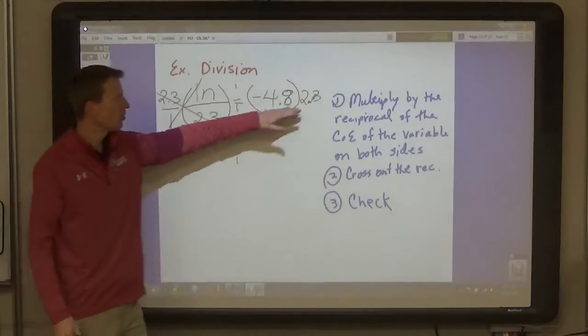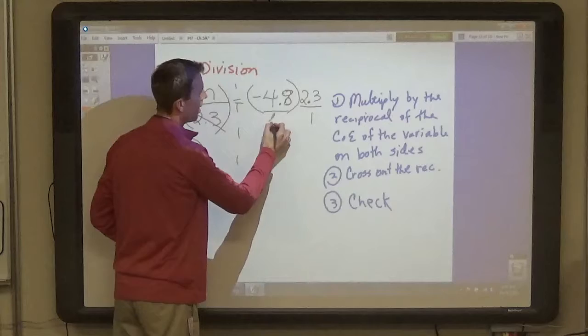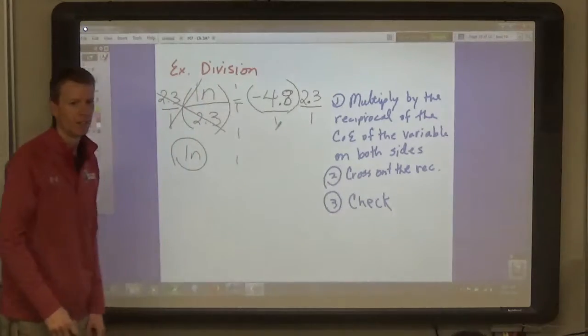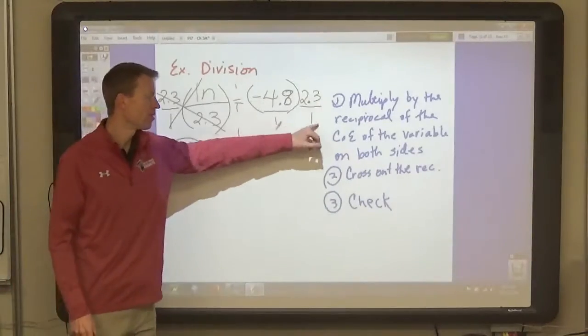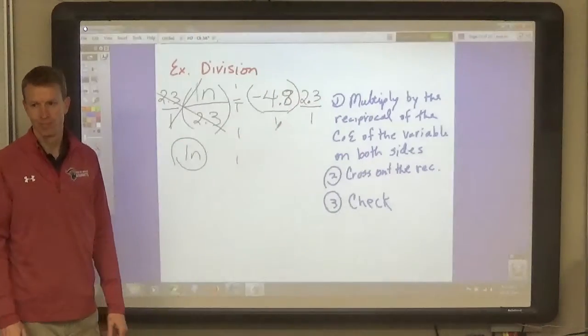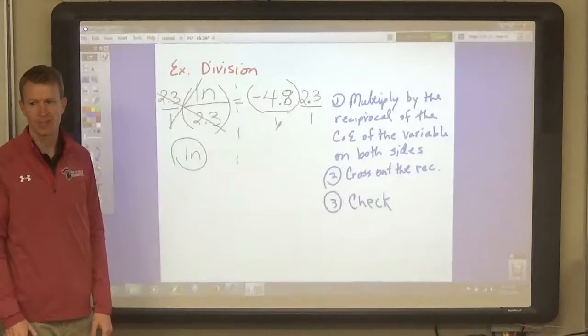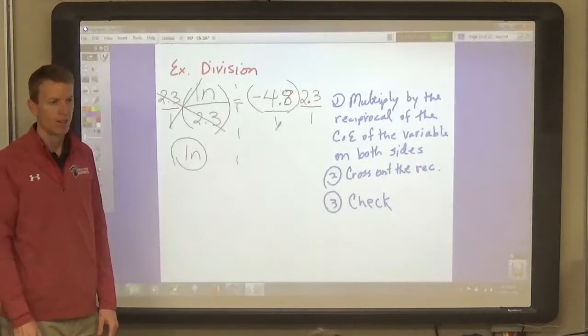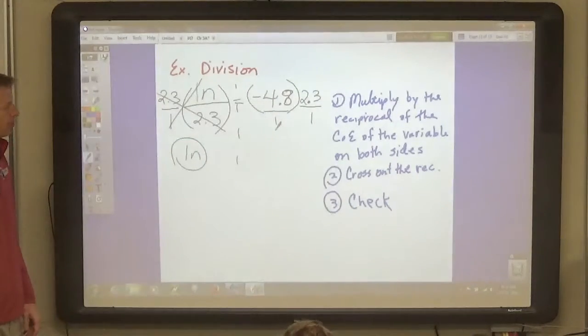Now, we could write this as 2.3 over 1 times negative 4.8 over 1. But 1 times 1 is just 1, so we know that we're just multiplying these two numbers to get the answer. That 1 really doesn't serve us a purpose in this case.